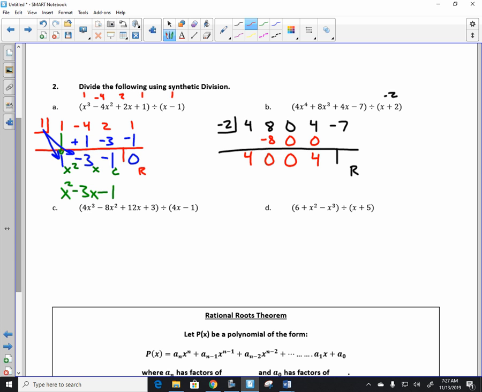Multiply. Negative 8. Add. Negative 15. So my remainder is negative 15. My constant is 4. 0 is my x coefficient, 0 is my x squared, and 4 is my x cubed. So this is 4x cubed plus 4 minus 15 over x plus 2.